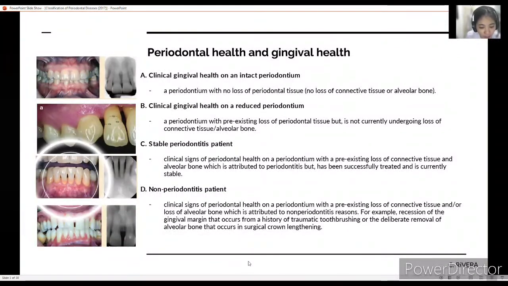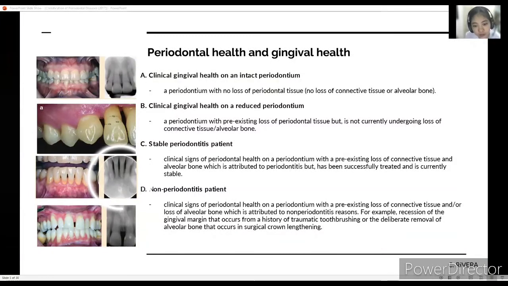So here on the image, the story is in 2016. This generalized periodontitis patient underwent non-surgical and surgical periodontal therapy to control the disease. 18 months later, this photo was taken to illustrate how healthy her gingiva looks following therapy and meticulous home care.